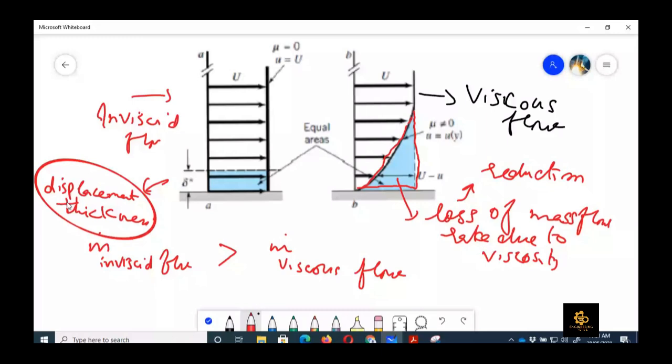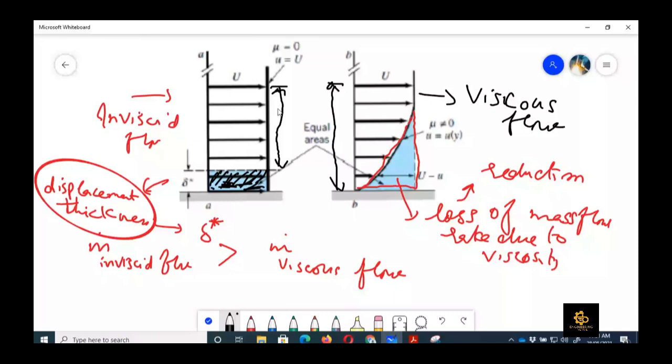Displacement thickness, and we denote it with the parameter delta star. That is the thickness of the plate which needs to be increased. Suppose this is also a solid region here, so there is no flow here. Now this is the distance from which the flow is happening, and for the viscous flow, this is the region.